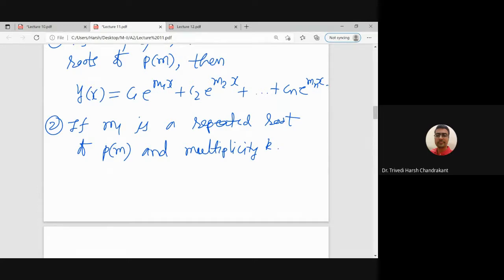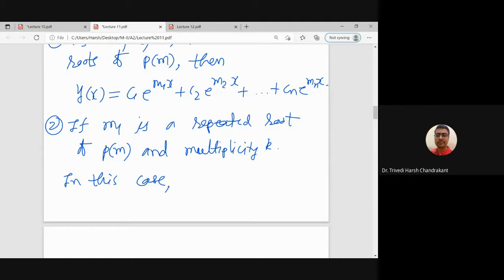So in this case, the corresponding solution will be e power m1x for all these k times, right? So that means we need to find k independent solutions.